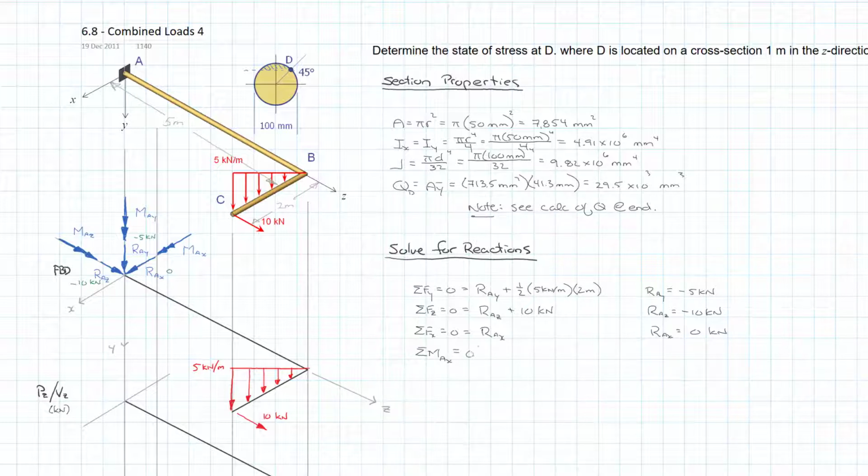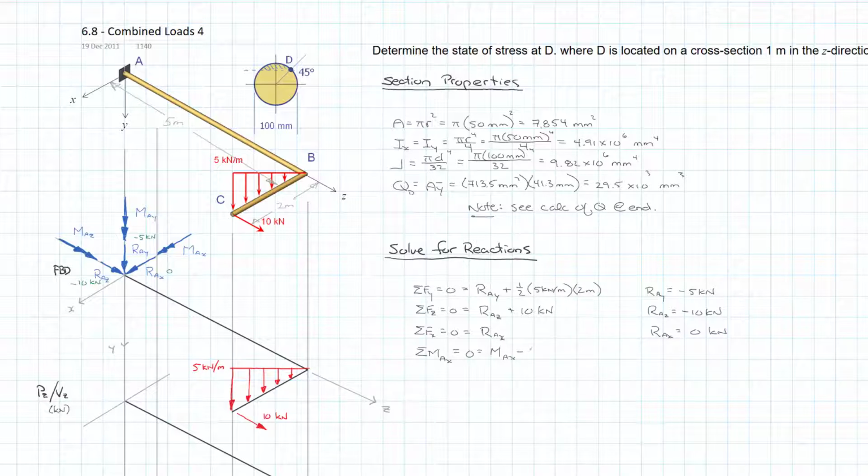Is equal to 0, and so that's equal to our MAX, which of course we wrote them all in as positive. And then if we use our right-hand rule, we see that the triangular distributed load is trying to turn it negative.